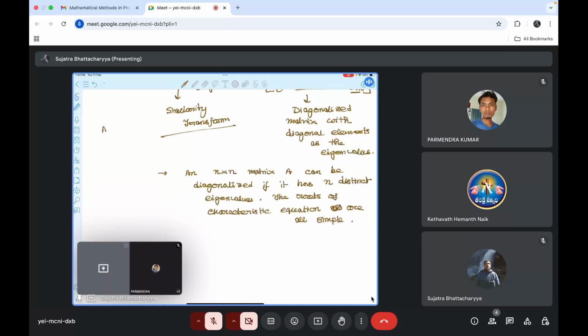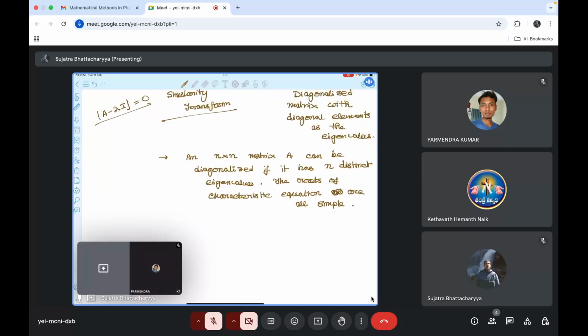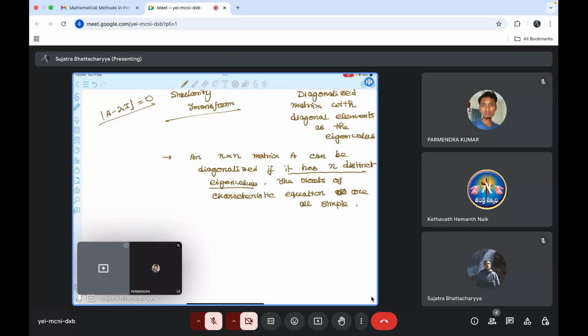The determinant of A minus lambda I is equal to 0. This gives the characteristic equation. So remember, only when it has n distinct eigenvalues. If you don't have n distinct eigenvalues, it cannot be diagonalized. So these are the conditions for diagonalization.